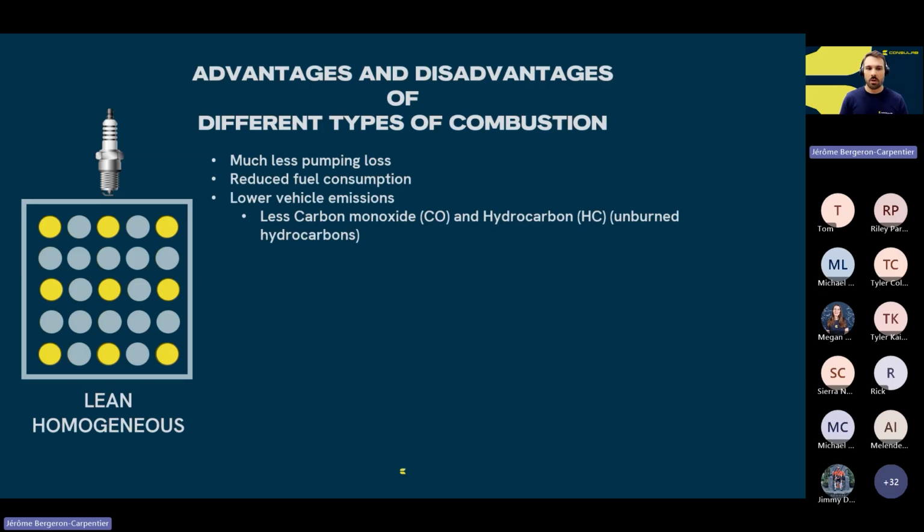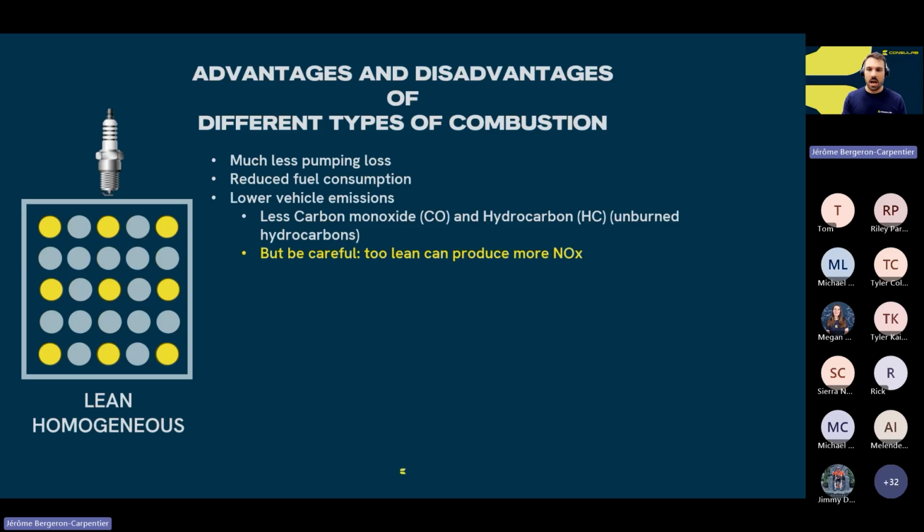Unburned hydrocarbons, we don't have those since we have fewer fuel particles inside our mixture. But be careful, too lean can produce more NOx. If we have a mixture that is way too lean, we're going to create some locally super warm zones, and that's going to create a lot of NOx.